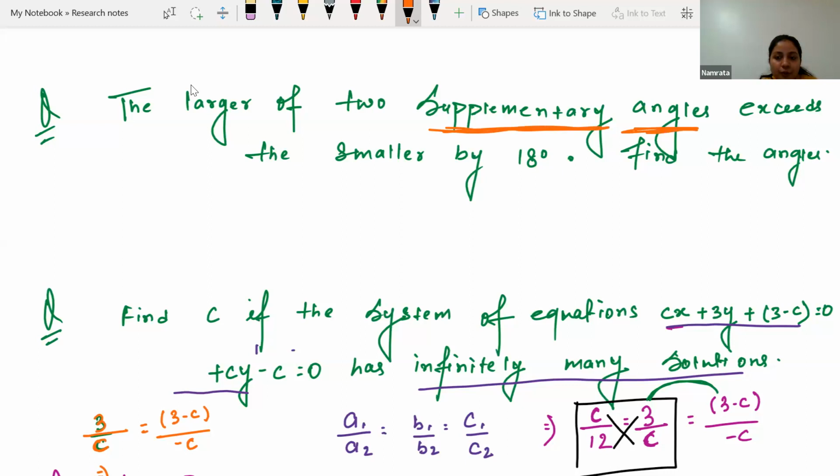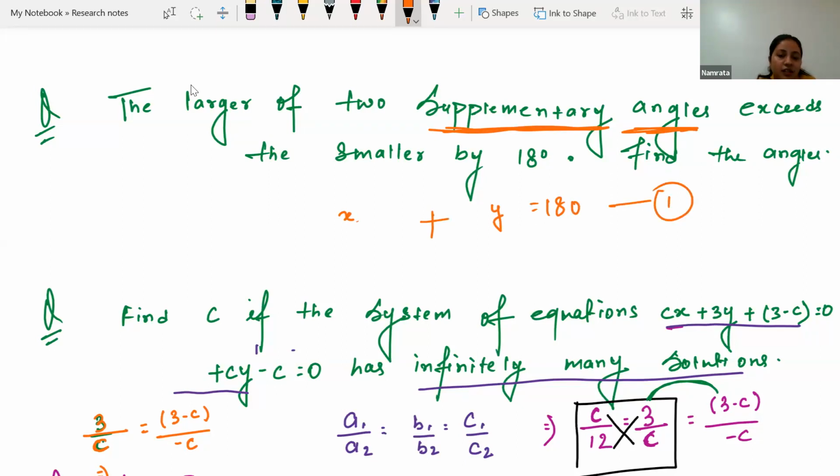Let's say one of the angles is x and another angle is y, and if these two are supplementary, what condition will we get from there? What is the meaning of supplementary? x plus y is equal to 180. Exactly. This is one of the equations, right, Harshit? Yes, ma'am.